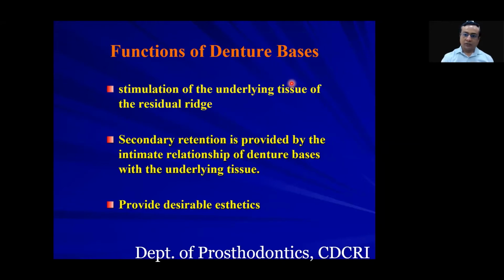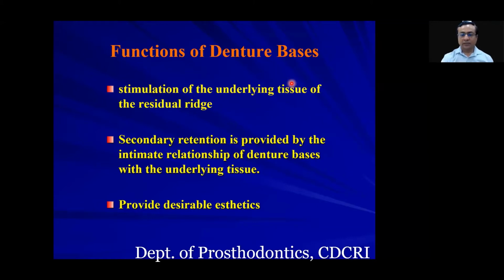Now, accuracy of the adaptation of the denture base to the underlying tissue is also responsible for retention. Now, this is the primary source of retention for a complete denture. In a complete denture, the factors affecting retention are mostly physical factors related to adhesion, cohesion, and interfacial surface tension.